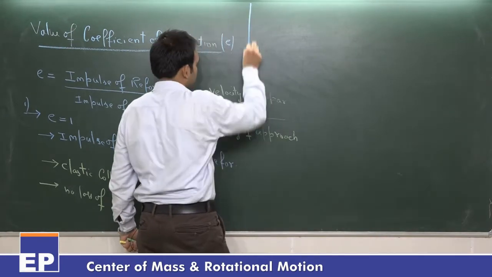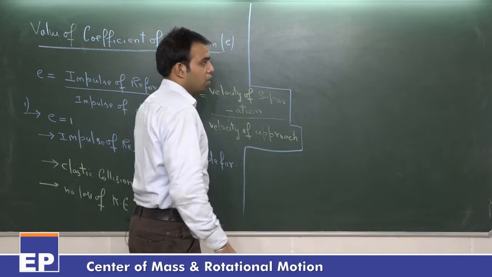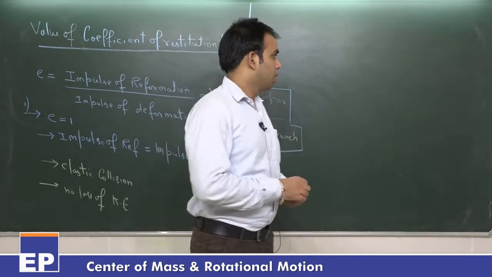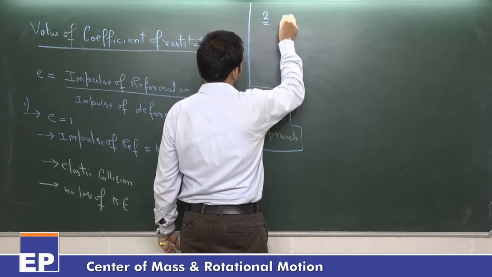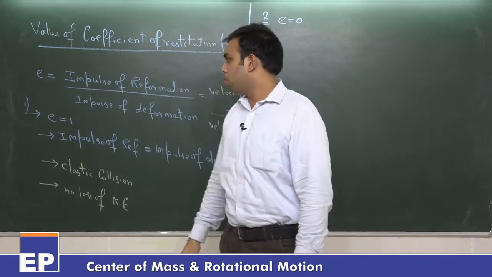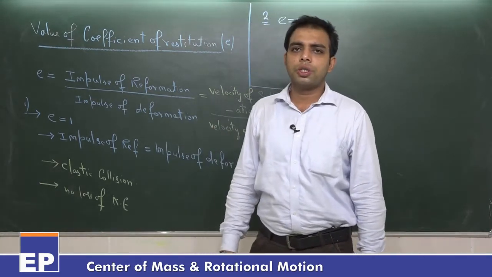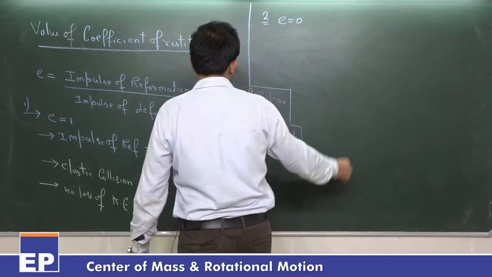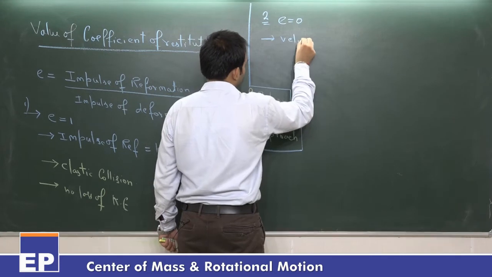Right, the next one is if E is equal to 0. If E is 0, it means the velocity of separation is 0.